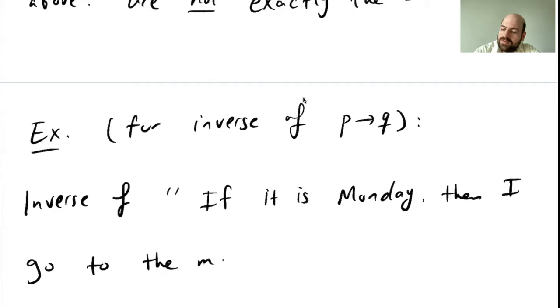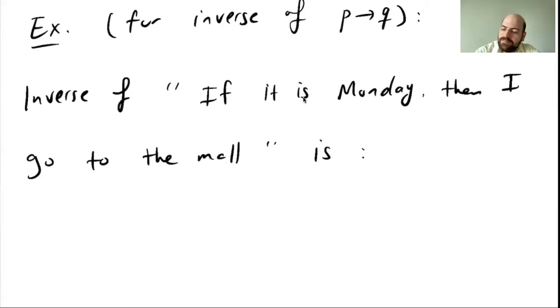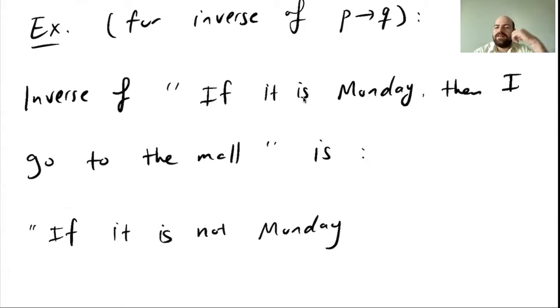is, if it's not Monday, right? Let's recall ourselves. Inverse of P implies Q is negation P implies negation Q. So negation of if it's Monday is it's not Monday.